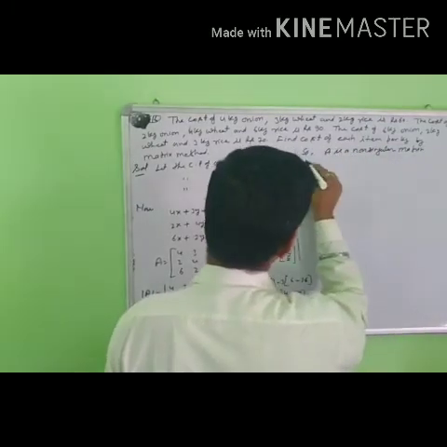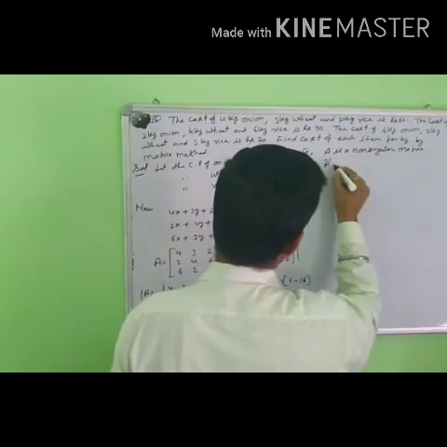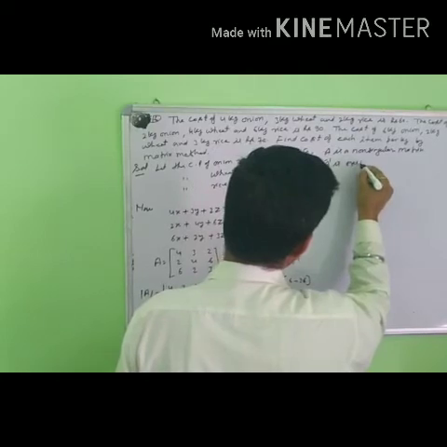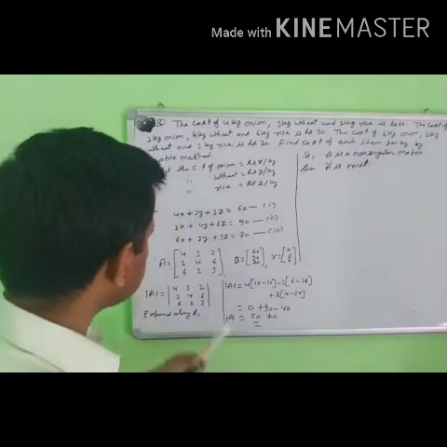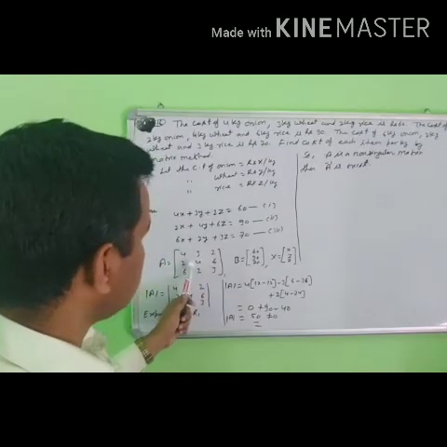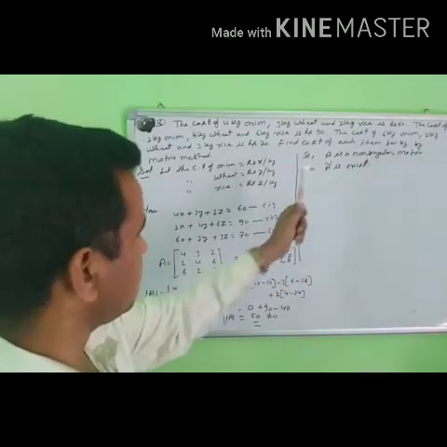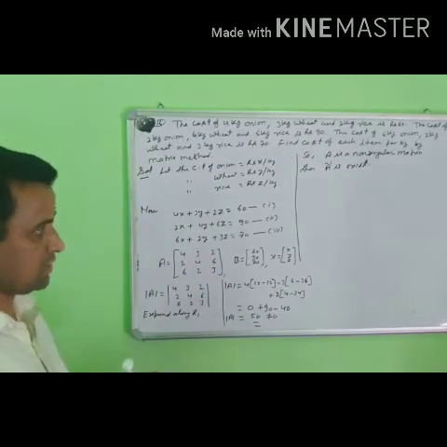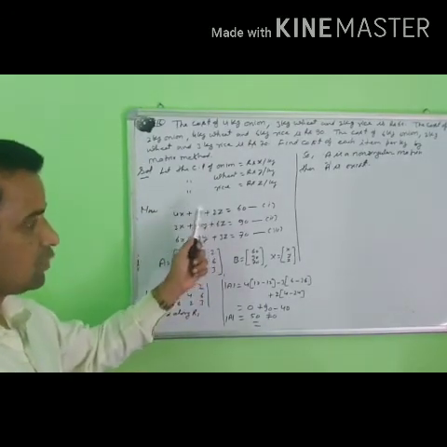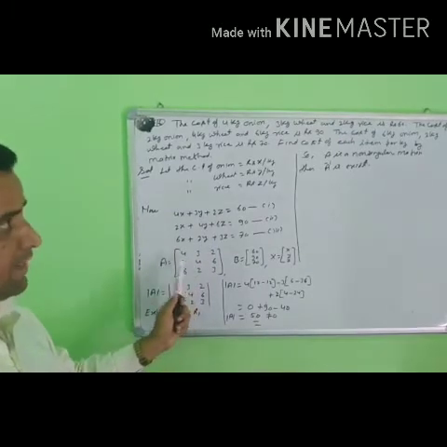So then A inverse exists. It is clear that this matrix inverse exists, and this system of equations is consistent and has a unique solution. These equations have the unique solution, and this matrix has the inverse.